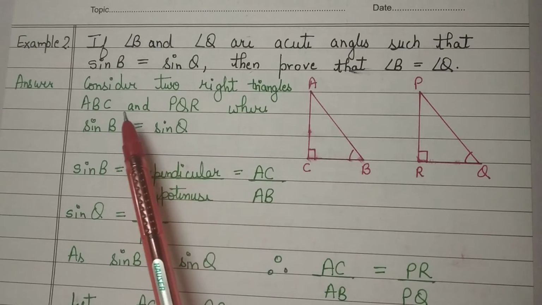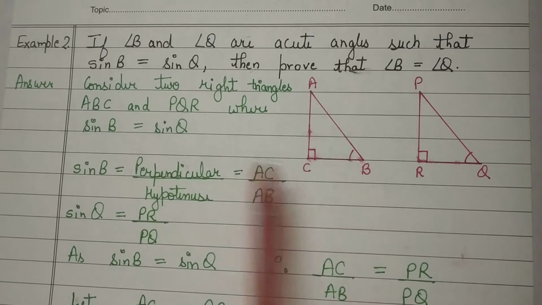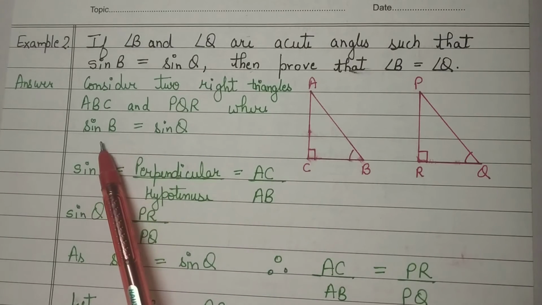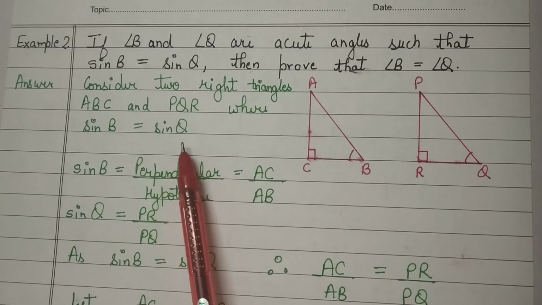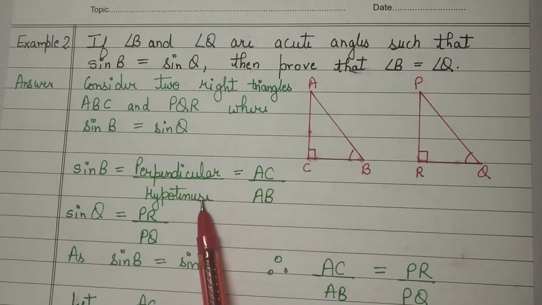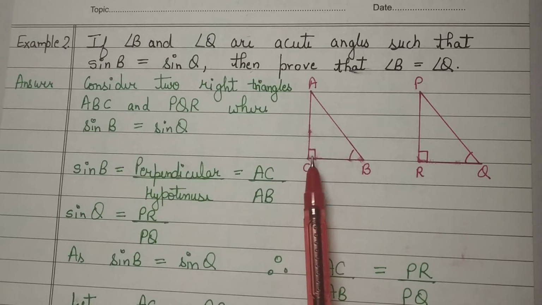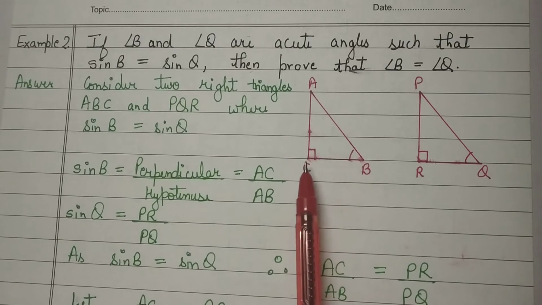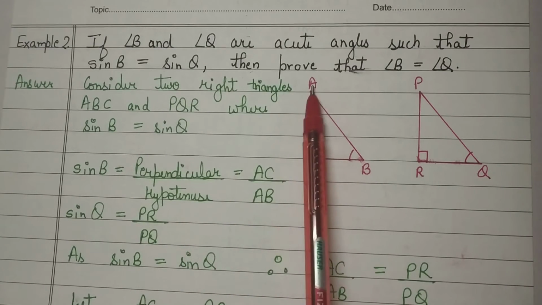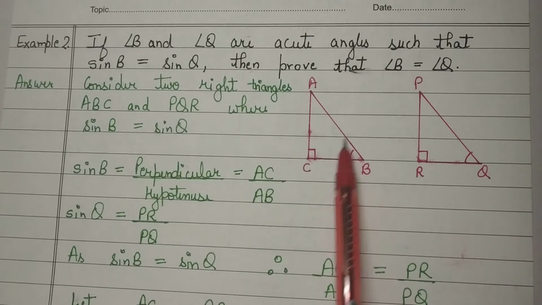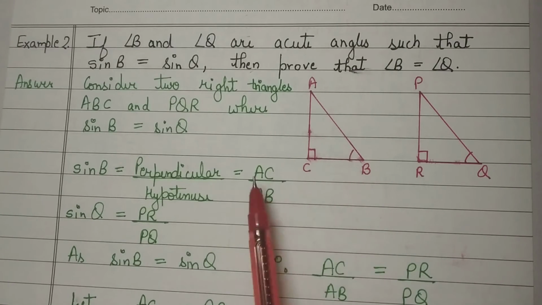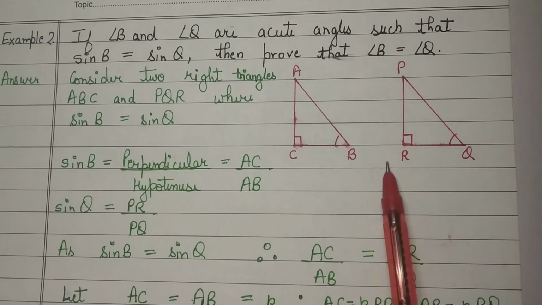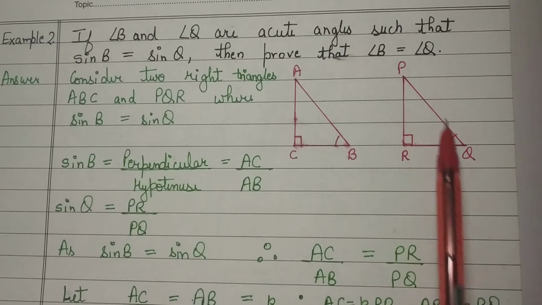Consider the two right angle triangles ABC and PQR, where one condition is given that sine B is equal to sine Q. Now sine B formula is perpendicular over hypotenuse. Here what is perpendicular? The side opposite to the angle, that is AC. And what is hypotenuse? The side opposite to the 90 degree, that is AB. So AC upon AB, and here sine Q is equal to PR, perpendicular over hypotenuse PQ.